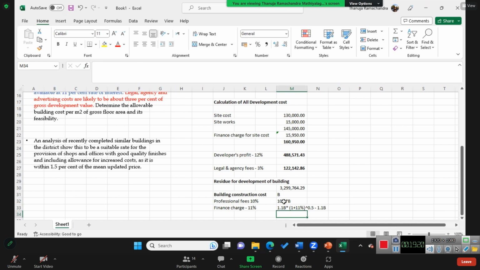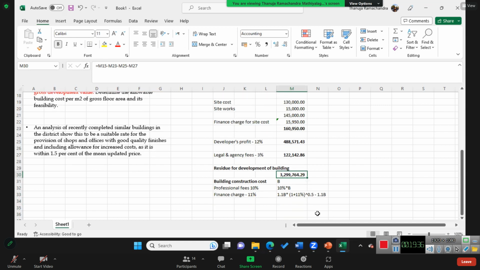So 1B, this minus. So all these three together, 3.29 million. So when you add this one, so B, 1.1B again minus 1.1B, this gets cancelled out.